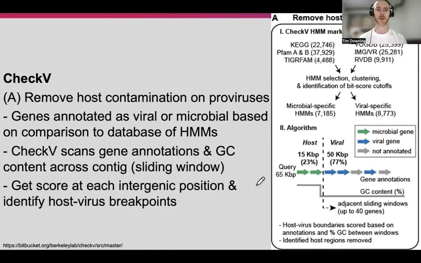That's understandable. It has several processes, and it uses information from different databases to use hidden Markov models, HMMs, to iteratively identify which of our contigs are similar or different from the existing contigs in different databases.